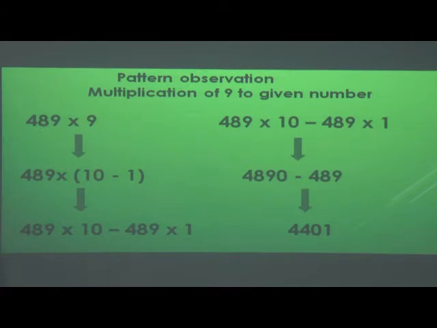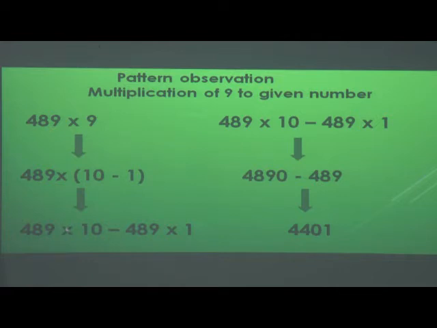Next, multiplication of 9 to a given number. 489 multiplied by 9. Now again 9 can be written as 10 minus 1. So 489 into, in the bracket, 10 minus 1. So first 489 should be multiplied by 10 and then 489 should be multiplied by 1.